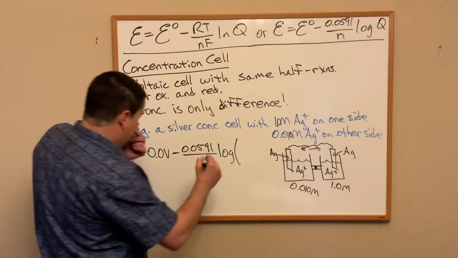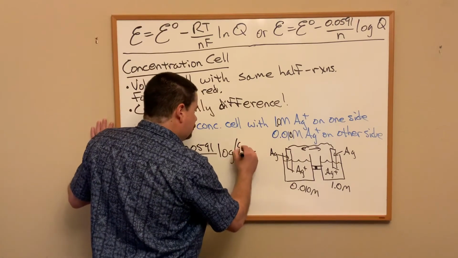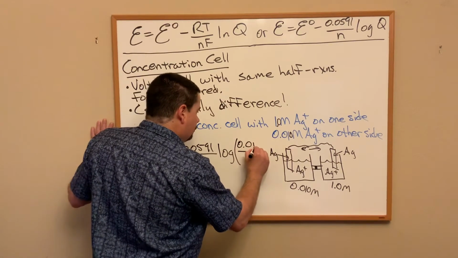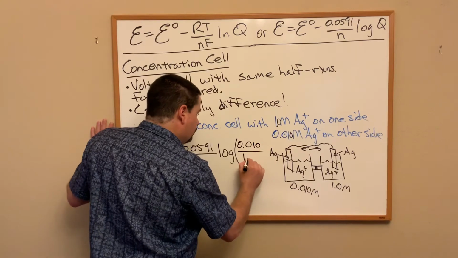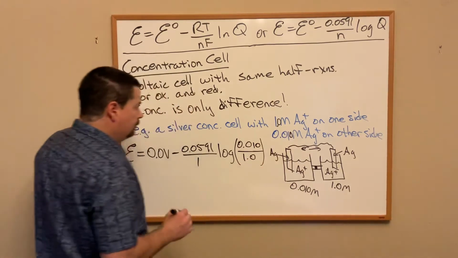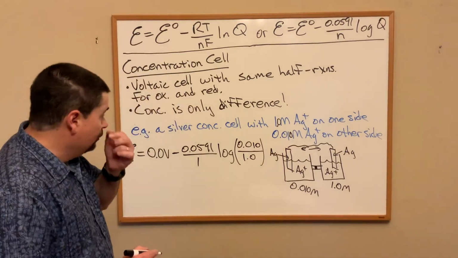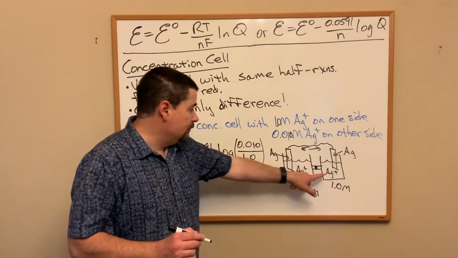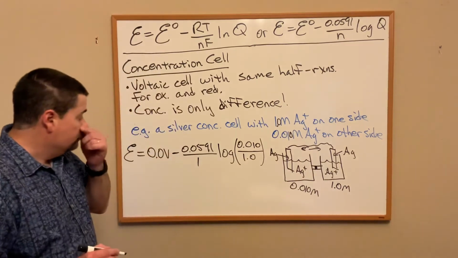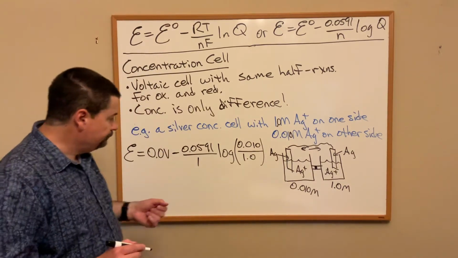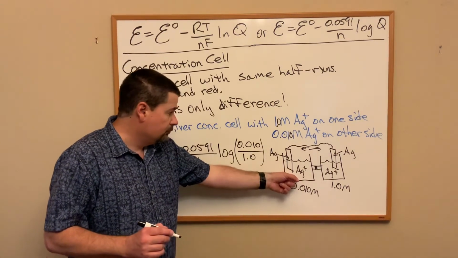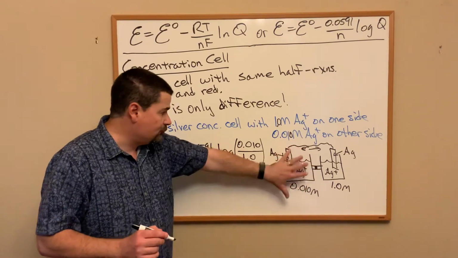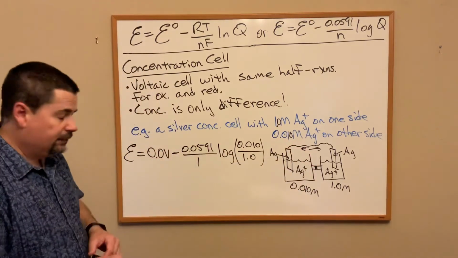So the product should be 0.010 molar and 1.0 molar. I believe that is correct because we are increasing silver concentration over here and decreasing it over there. So this would be our product, because we're getting more Ag plus on that side. So we treat it that way.